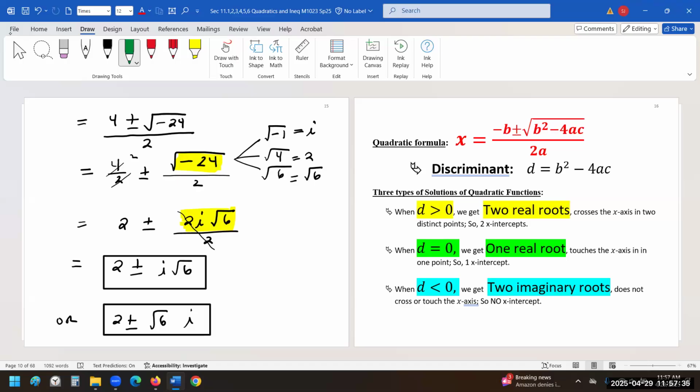Without solving the entire quadratic formula, we can figure out how many solutions we're going to have just by looking at the term under the square root. The term under the square root has a special name, it's called the discriminant. Just by observing the discriminant, we can figure out how many solutions you're going to get, how many x-intercepts, or what's the shape of your graph.